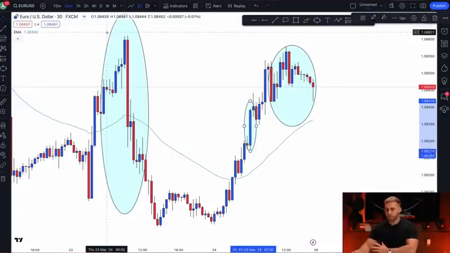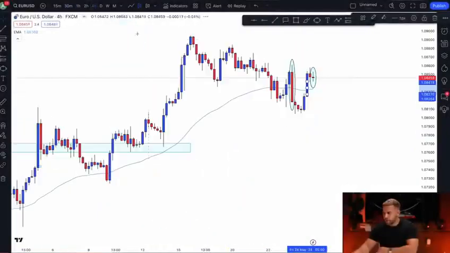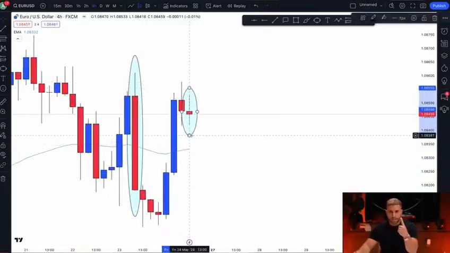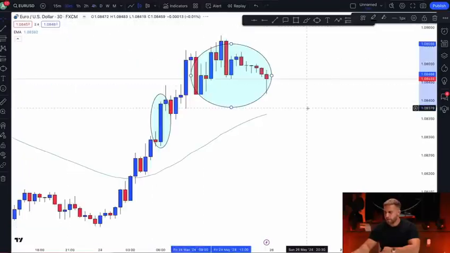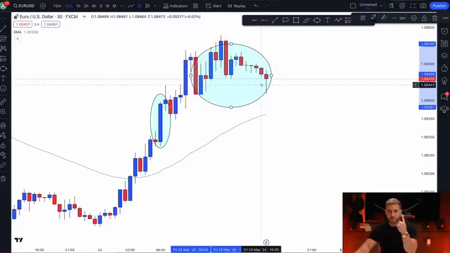Now, all we're doing when we're changing time frames is essentially just zooming in to price. So as you can see on the 4 hour, if I were to circle this one single candlestick, it just looks like I'm circling one single candlestick, which happens every 4 hours because I'm on the 4 hour time frame. But if we were to go down to, let's say, the 30-minute time frame, as you can tell, I'm actually catching a lot more than just one single candlestick.